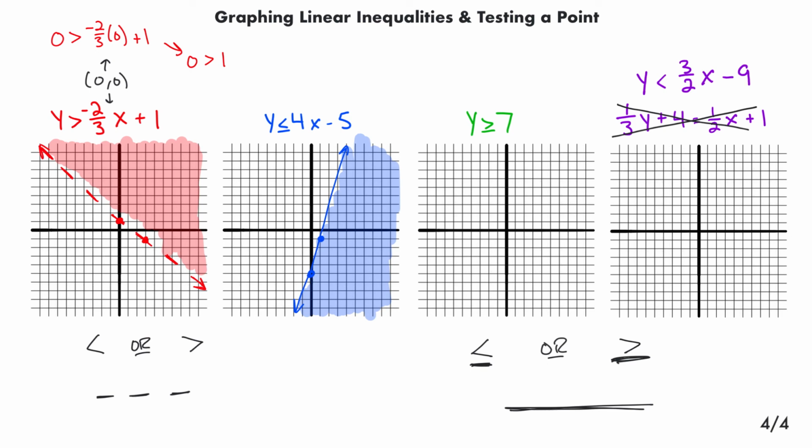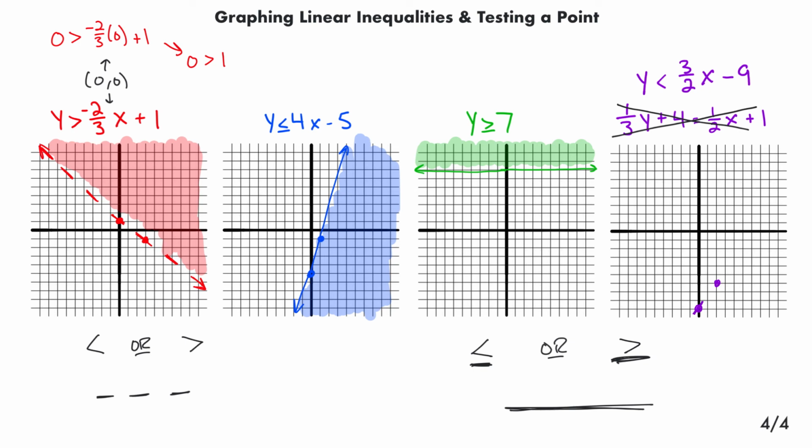And then problem number 3, we go up to 7, which takes us to here. Y has got to be greater than or equal to 7, meaning it's going to be shaded above because y is greatest when you're above. And then finally the purple line, y-intercept of negative 9, slope of 3 over 2.